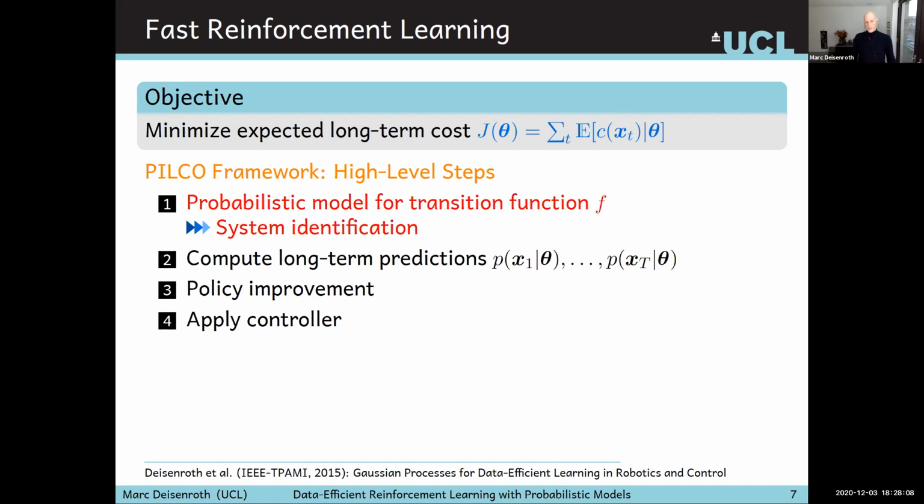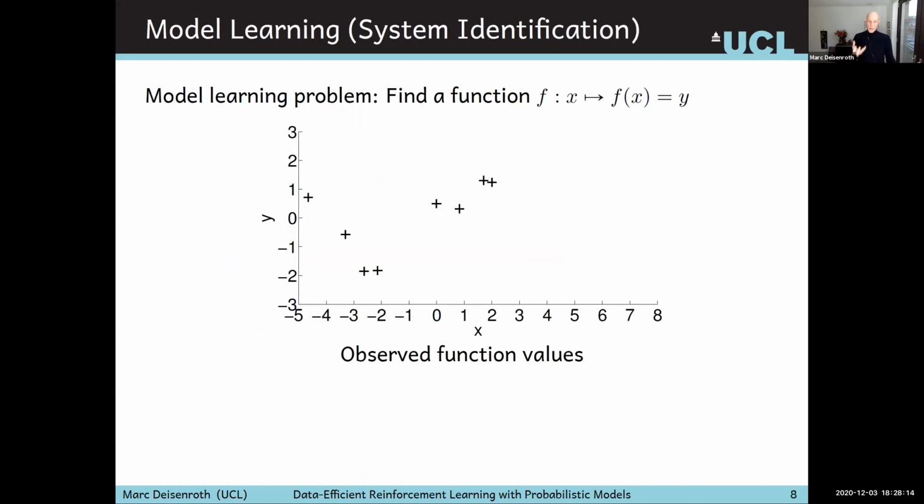So let's get started with system identification or model learning. If we look at this model learning problem, then we are effectively talking about solving a regression problem. So in regression, we want to find a function that maps x to f of x values. And for the sake of illustration, I'm assuming now these observed function values are noise-free.